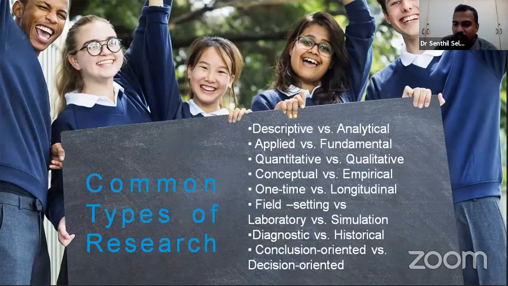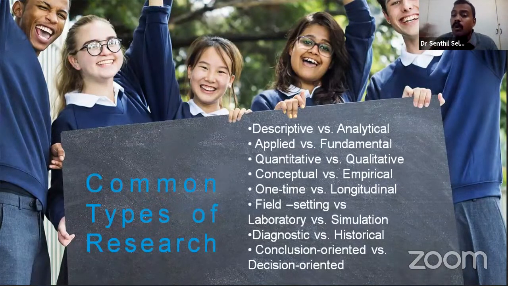Next, the field setting versus laboratory versus simulation. The field setting research is based upon the area in which the research activity is going to take place. The field setting means the researcher has to come out from his work area. He cannot do it in his own place.